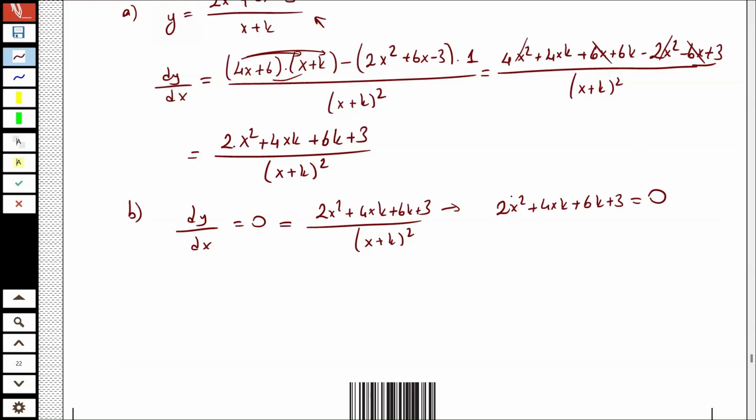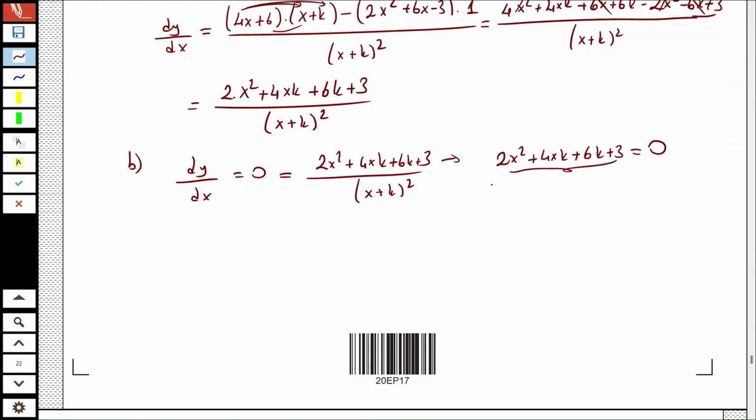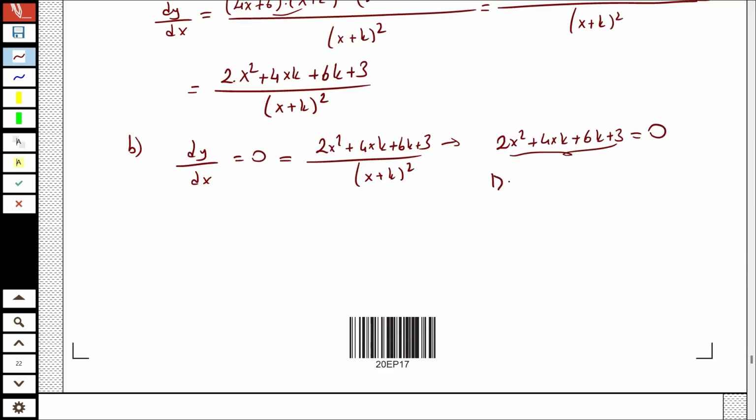To find the roots of this equation, we check the discriminant. So what is the discriminant? Let's mention the coefficients: 2, 4k, and this is the constant, 6k + 3. The square of 4k minus 4 times 2 times (6k + 3) needs to be greater than 0 to find roots.